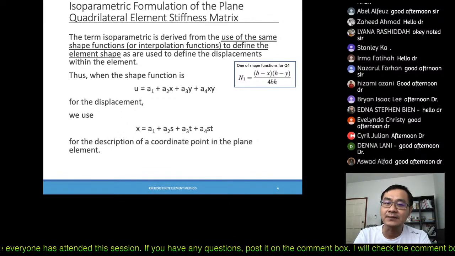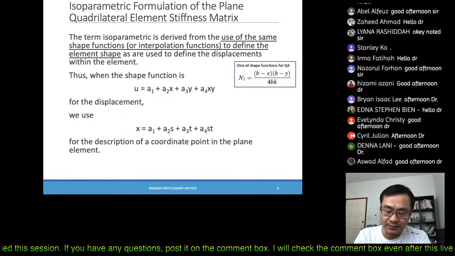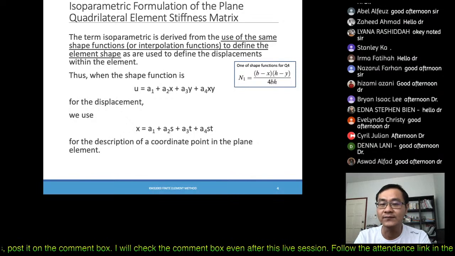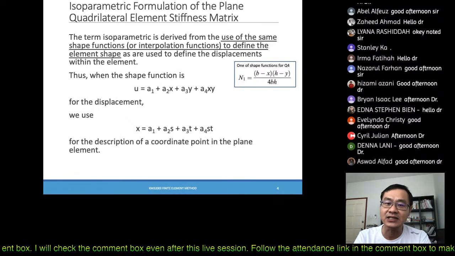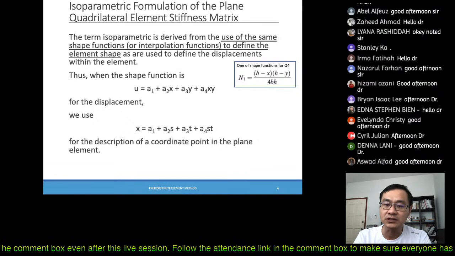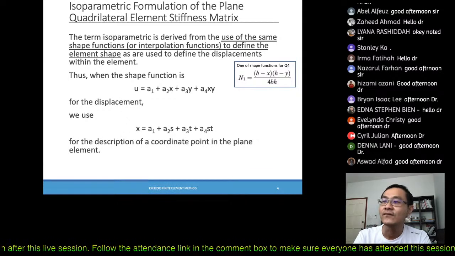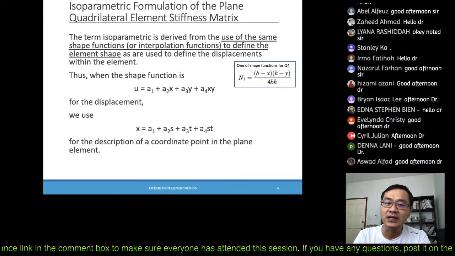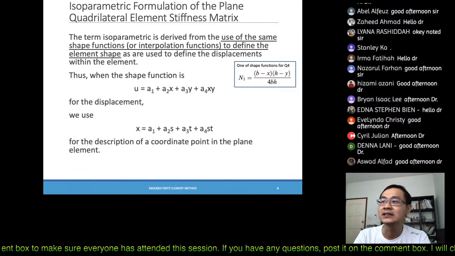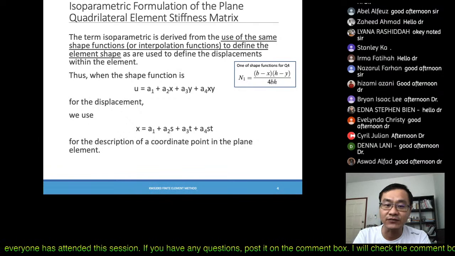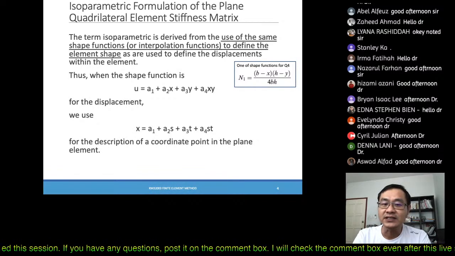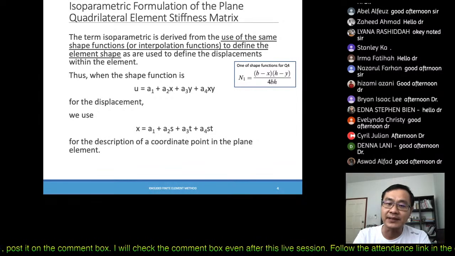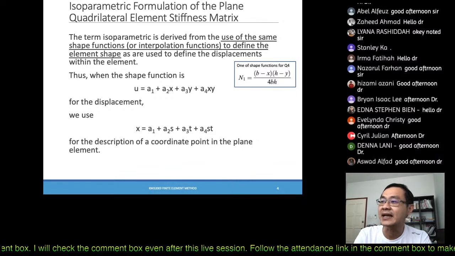So we will see that from a prismatic bar type element, we move on to a plane type like CST and Q4. We also first derived the shape function. When we apply the same shape functions for the same type of elements, we call that an isoparametric formulation. So what is the idea behind that?